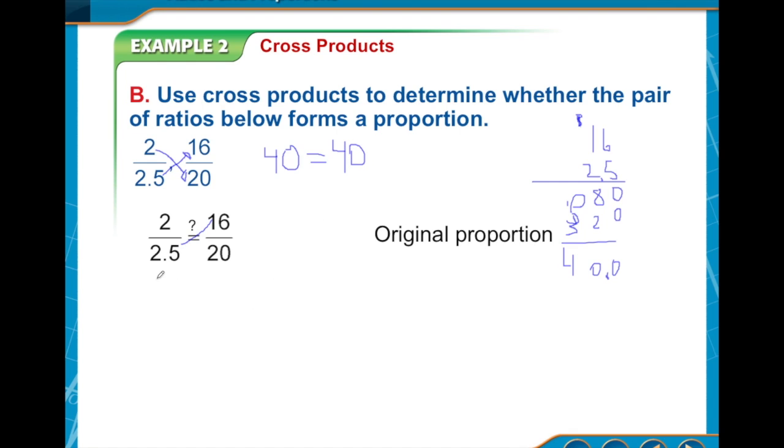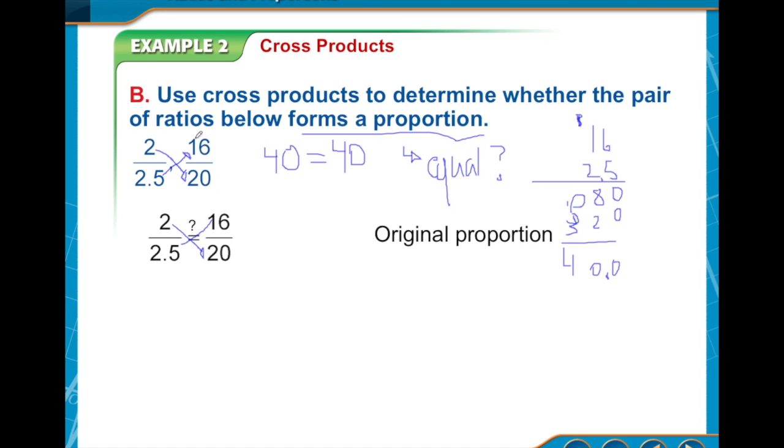So we see this cross product. The first one was 2 times 20. That gave us 40 on the left. The second one was 2.5 times 16, which we just said here is also 40. So 40 equals 40. Does it form a proportion? In other words, is it equal? Absolutely. 40 equals 40.